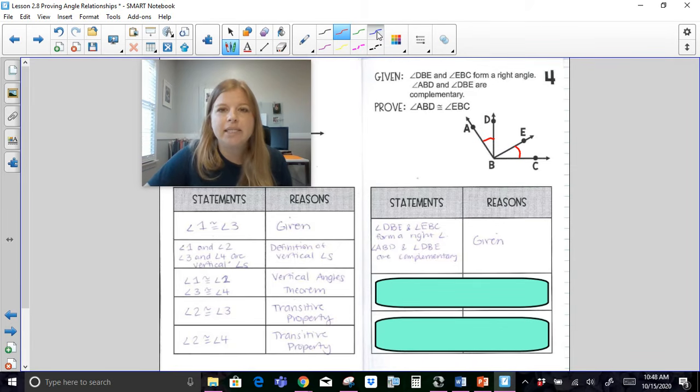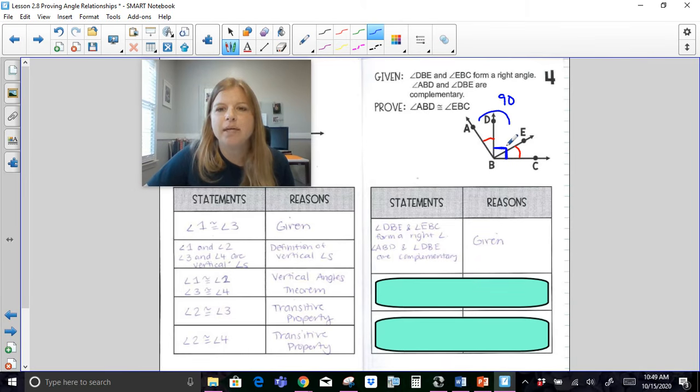Ready? Angle DBE and EBC form a right angle. And then I'm told that angle ABD and angle DBE are complementary. So these are complementary. So I know these two angles add up to 90. I'm not going to need to put that in my proof, but I'm just putting them together. They're complements to each other.